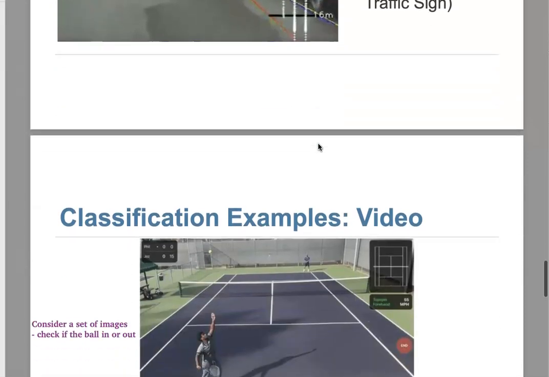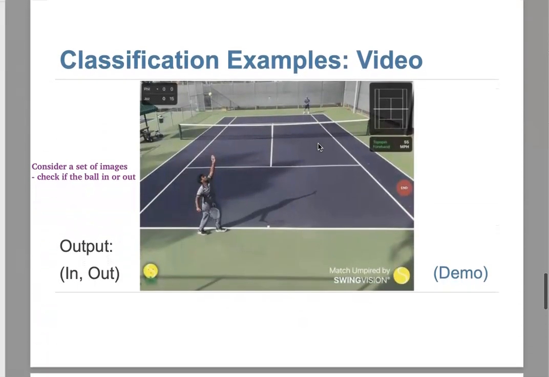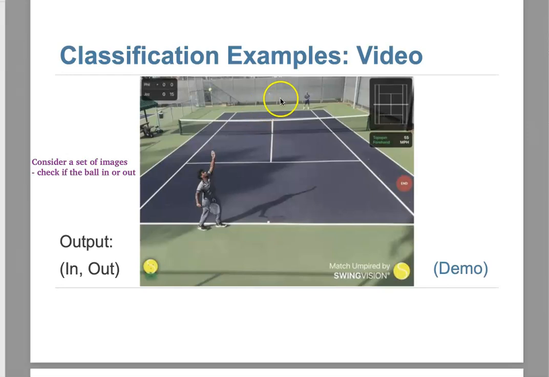And our classification input can also be video. This one is using video to check a tennis sport, to see when the ball moves whether it will be in or out.